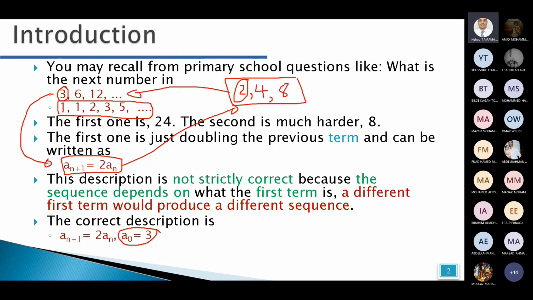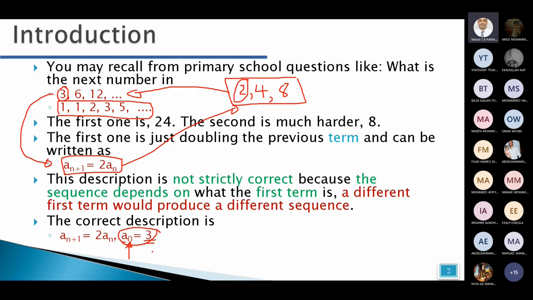So A means term, A naught or A0. In mathematics, we call it naught instead of 0, but you can call it A0 or A naught, it's up to you. So A naught means the first element in this series is 3.